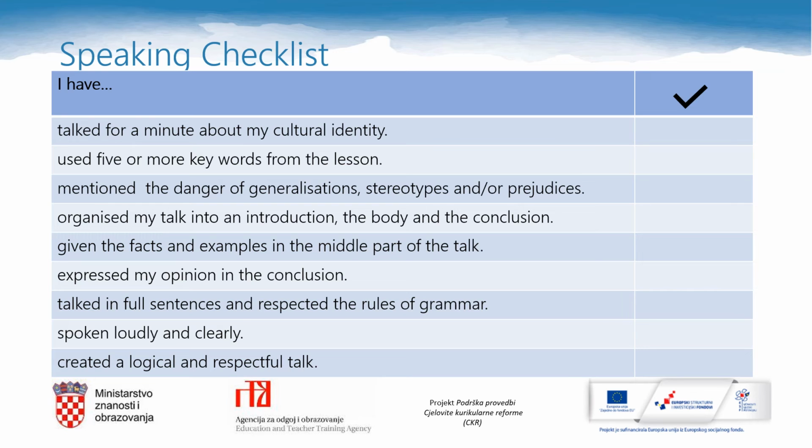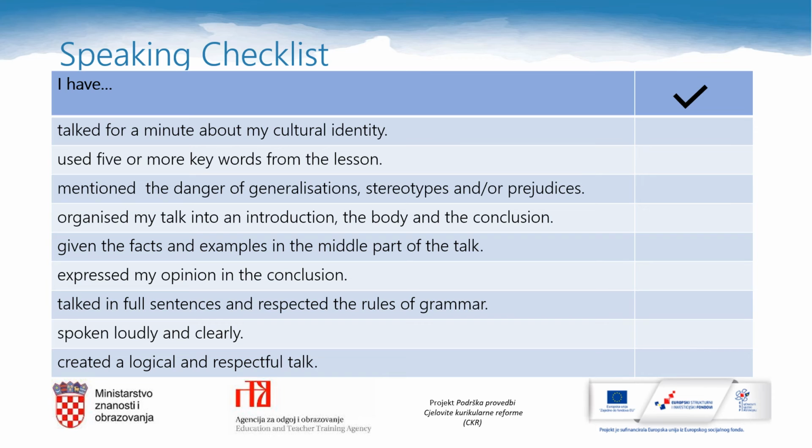Before you share your talk with your teacher or you talk in public, please check that you have all the ticks. Have you organized your talk in a way that it lasts for 1 minute and the topic is your cultural identity? Have you used 5 or more keywords from the first list in this lesson?